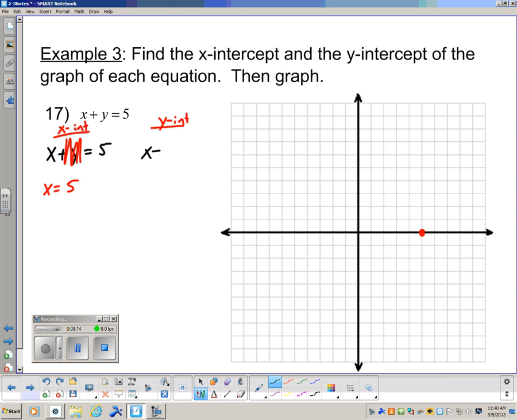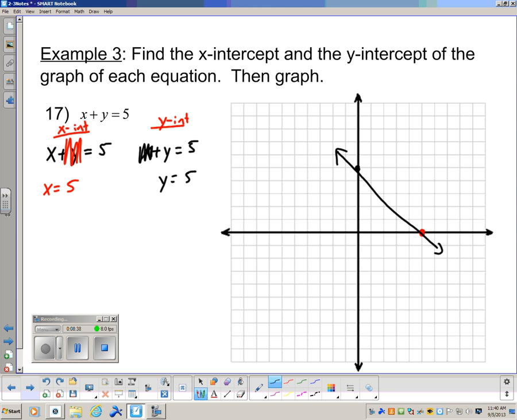So I got x plus y equals 5. This time I'm going to cover up the x, and I get y equals 5. It's the same thing as plugging 0 in there because 0 plus y there will also give you 5, so you just get y equals 5. So 1, 2, 3, 4, 5. And there it is graphed.